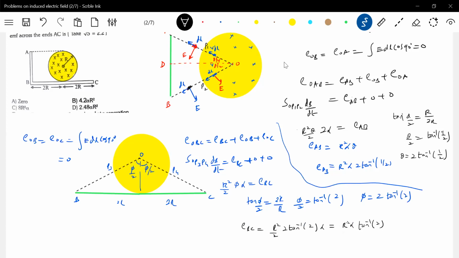Okay, this should be. Check it. EBC, we are having this much. Sir, EBC is r square into 2 tan inverse of 2 alpha, sir, not r square by 2. We won't get by 2, sir. Here, sir, dB by dt is 2 alpha. No, sir. Oh, 2 alpha. dB by dt is 2 alpha. No, yeah, I'll put it here. 2 alpha.